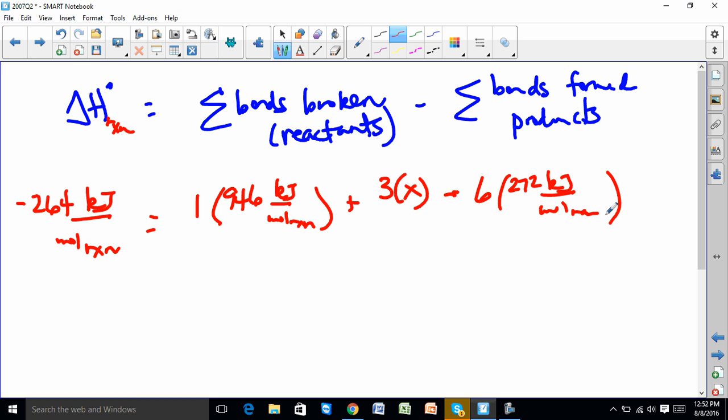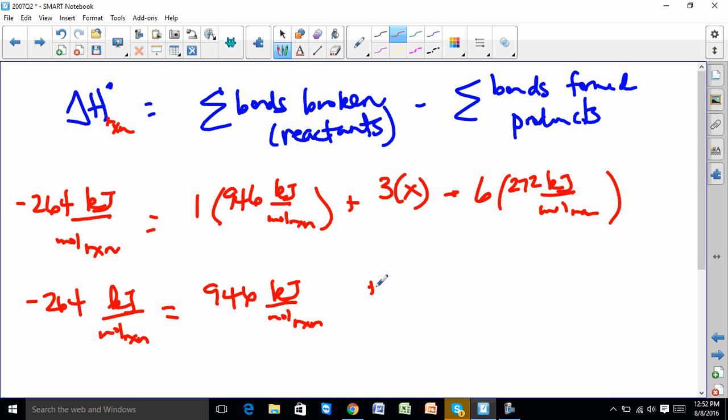Now, negative 264 kilojoules per mole Rxn equals 946 kilojoules per mole Rxn plus 3x minus 1632 kilojoules per mole Rxn.